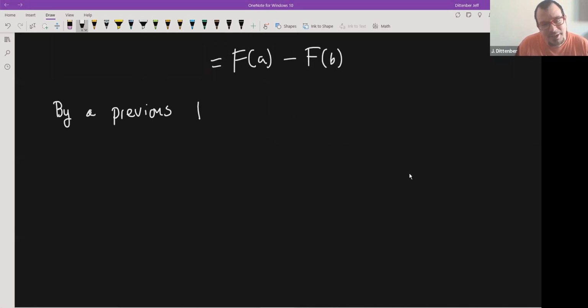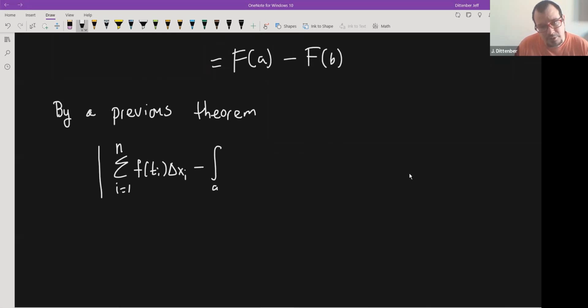Don't be mad. There's not a whole lot of mystery here, but by a previous theorem, we can say that the absolute value of this sum from i equals 1 to n of f of t sub i times delta x sub i minus the Riemann integral from a to b of f dx is less than epsilon.